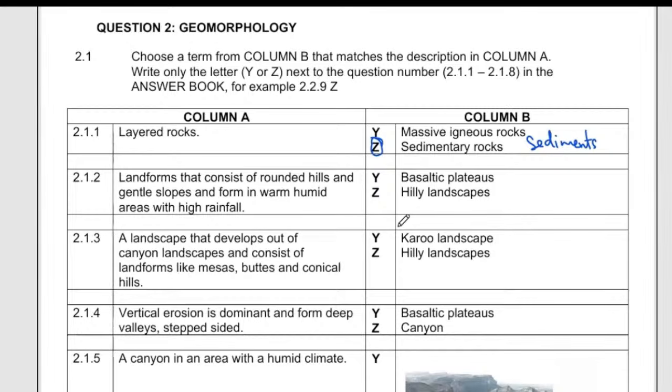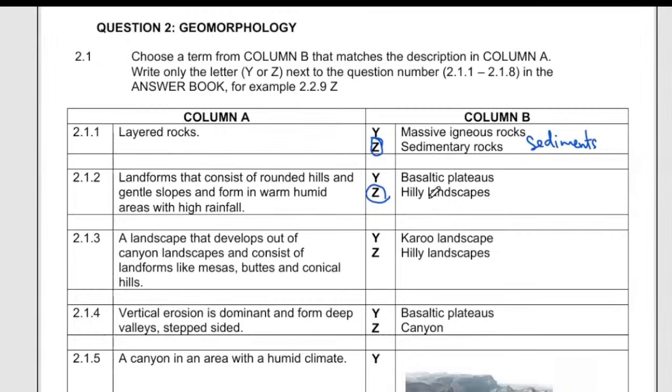Then number 2.1.2, it says landforms that consist of rounded hills and gentle slopes and form in warm or humid areas with high rainfall. We are talking about rounded hills here. Automatically, we are looking at hilly landscapes. Those are typical landforms that we find with rounded hills, and they do have gentle slopes when they form in warm and humid climatic regions.